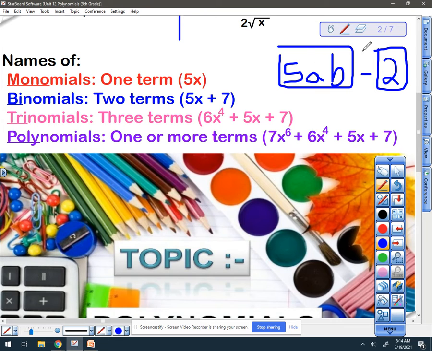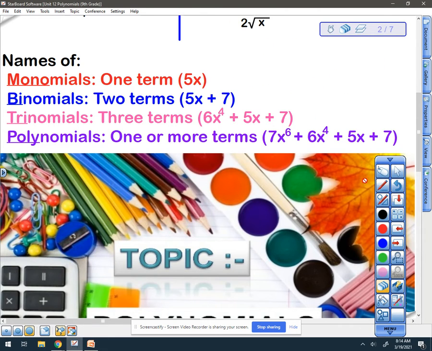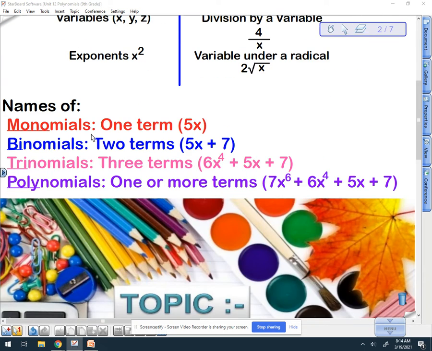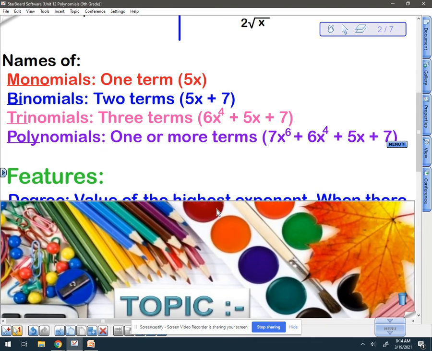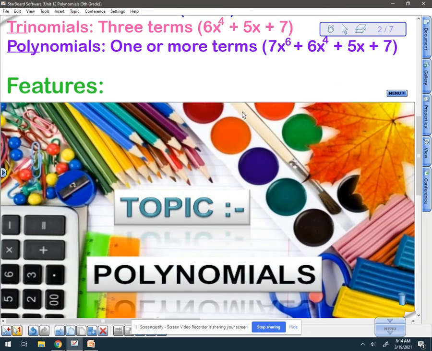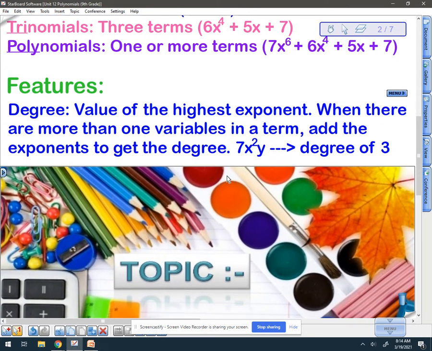So two terms means it's a binomial. So you're going to have to tell, is it a polynomial, yes or no? You'll have to name what type of polynomial it is. And then the next thing you're going to have to do is find the degree. What's the degree of the polynomial?